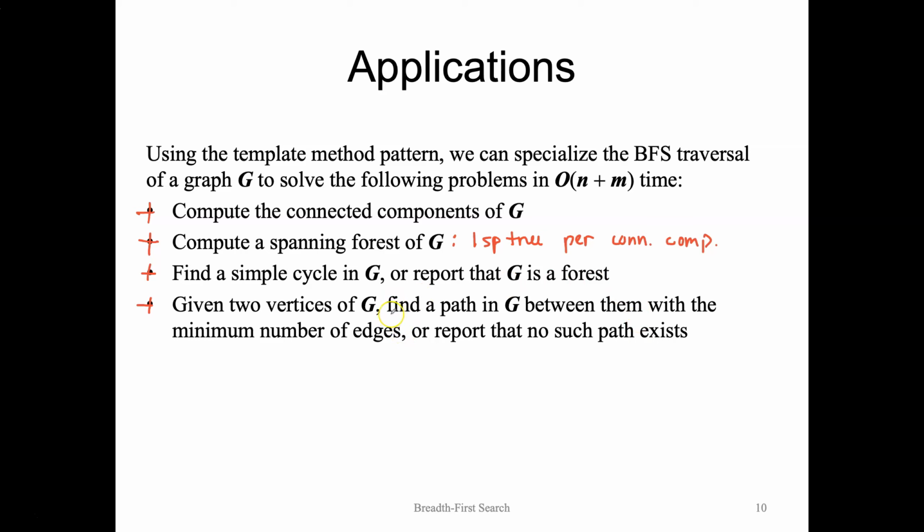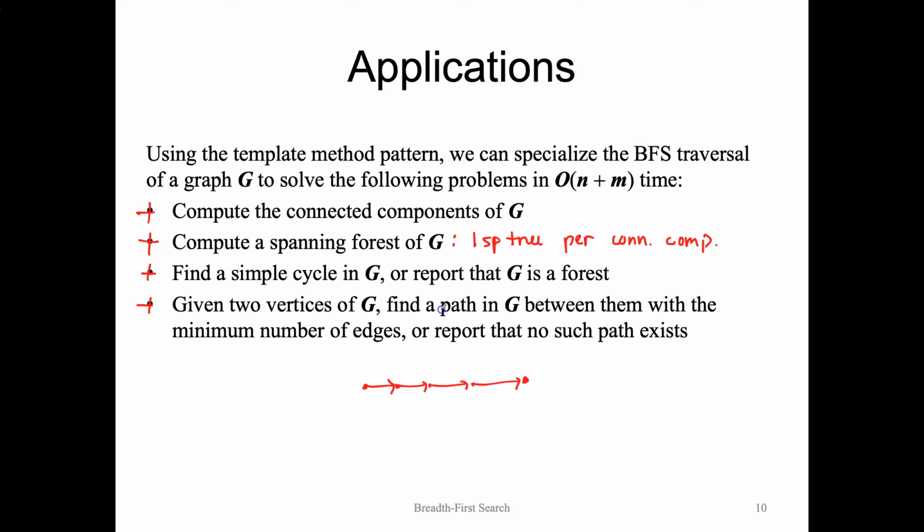Or knowing that there is some path, we could find a path between vertices by starting our breadth first search at the vertex we want to find a path from, and then layer by layer work through our breadth first search until we stop at some vertex, and then just follow the discovery edges that we used in order to get to that vertex.